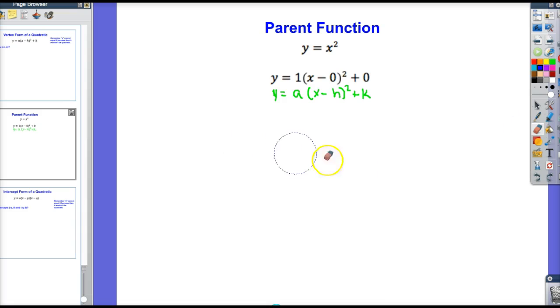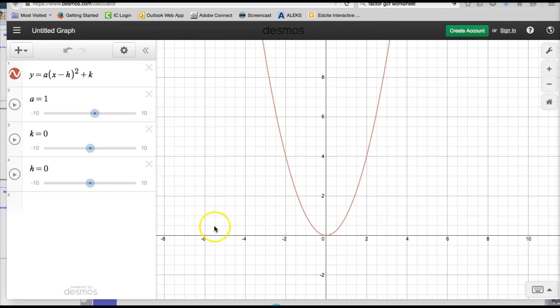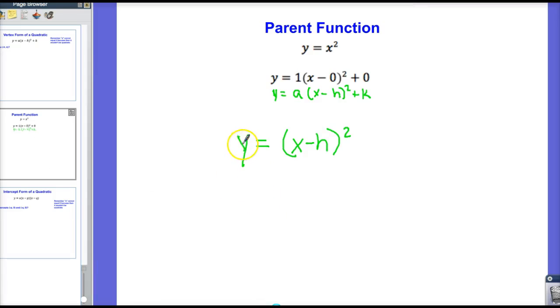So now we can look at it and not have to worry about k. We can just think y equals x minus h squared. I'm not worrying about a either because we're keeping that 1, so anything multiplied by 1 is itself. So let's just look straight at this then. If we're staying on the x-axis, what does y have to be? y has to be 0. This is the line y equals 0. That's the x-axis.